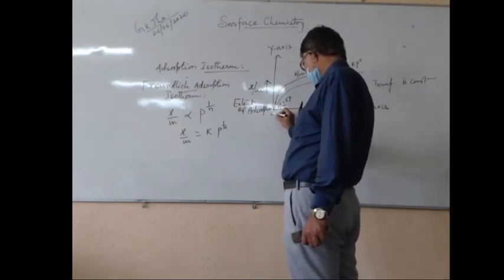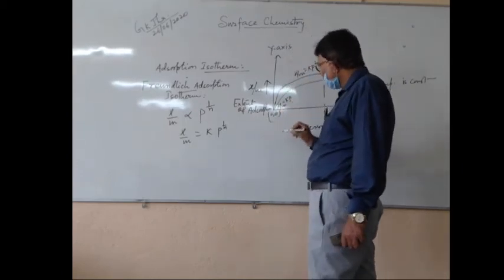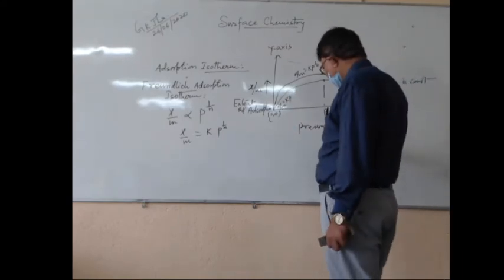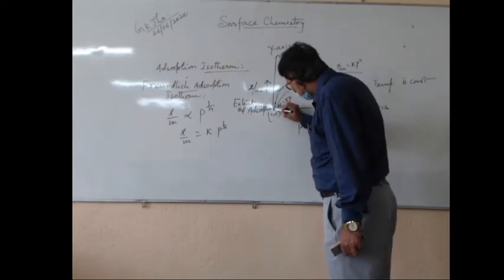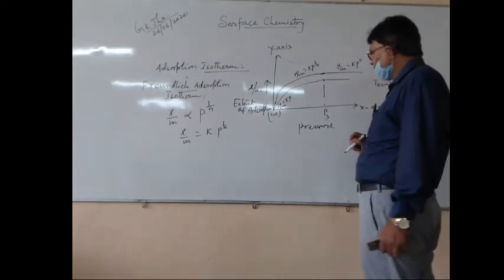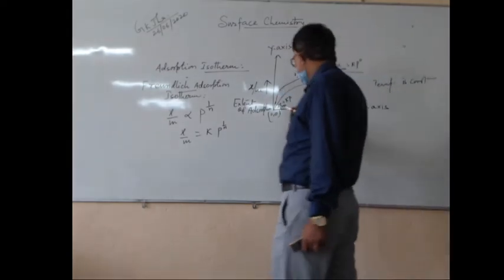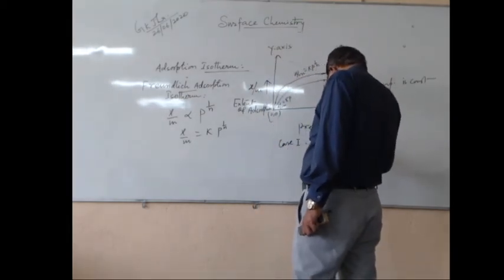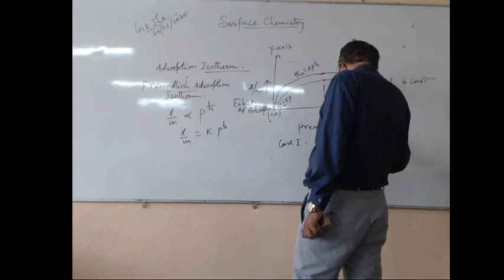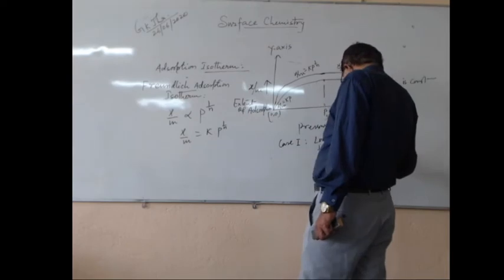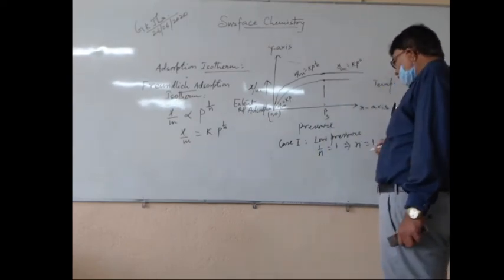In this graphical plot, you find that initially when pressure is low, this is the origin, x by m varies directly with pressure. That means case 1, low pressure condition. 1 by n is equal to 1, that means n is also equal to 1.